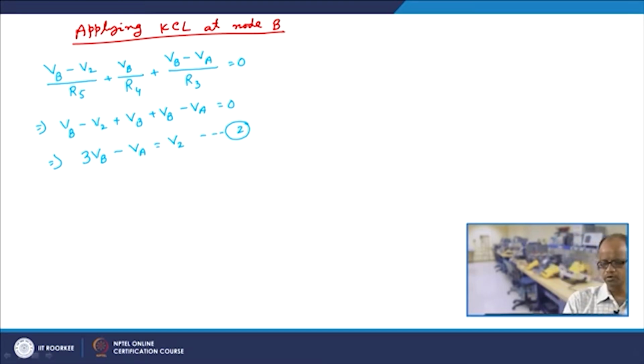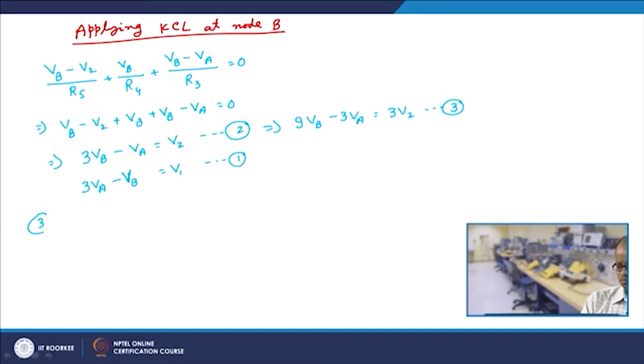So I have got equation 2 is this, and equation 1 is 3 VA minus VB is equal to V1. So what we do is, from equation 2 I get 9 VB minus 3 VA is equal to 3 V2. So let's say this is equation 3.